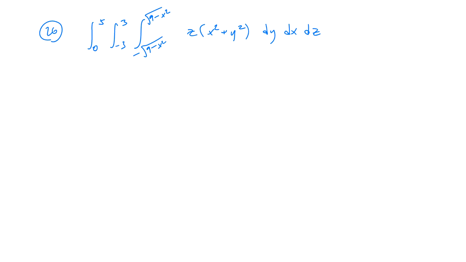Do it however you want, but you might want to convert it to either cylindrical or spherical, pretty obviously, since we're in that section. So the question is, what does this look like? Looking at these two, what is this 3D object?